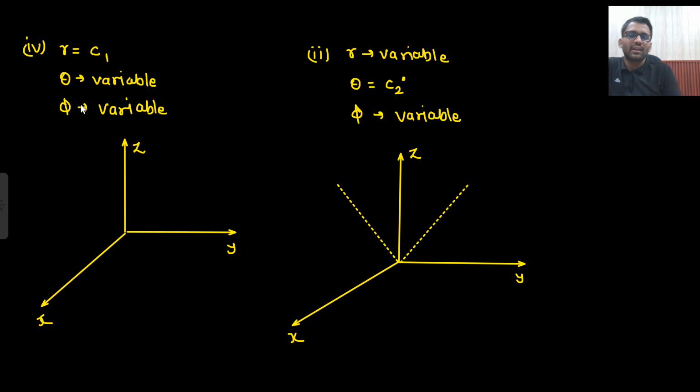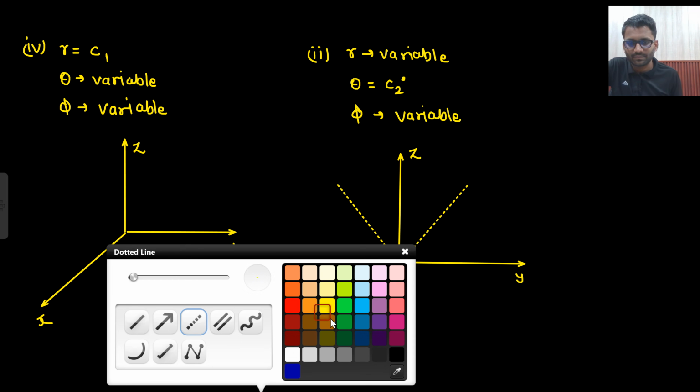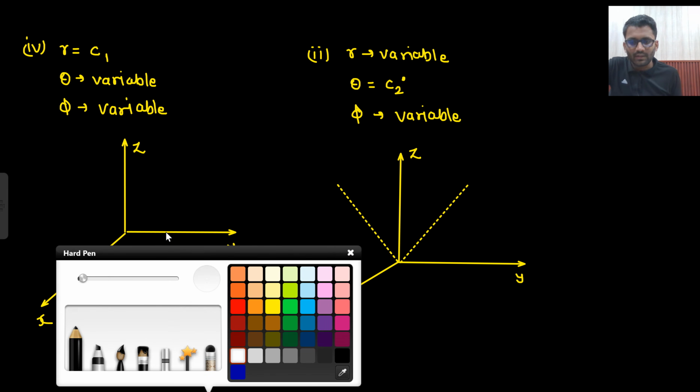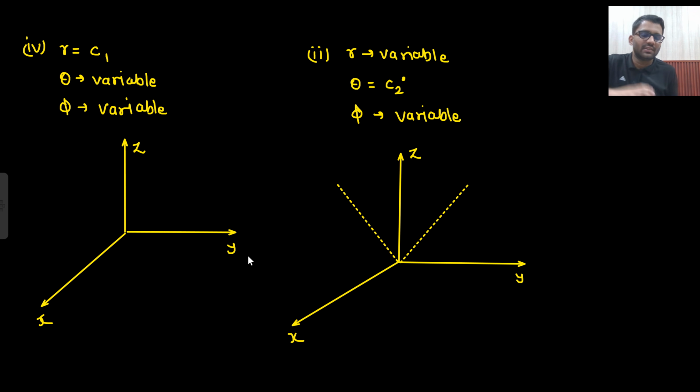Let's see this. Now my r is constant and theta is variable. Phi is also variable. The single thing that is constant is r. Can you write down the surface area? R is constant, which means my unit vector perpendicular will be plus minus a r cap.